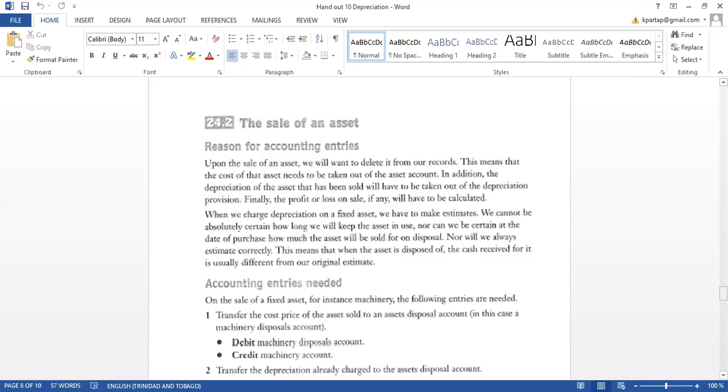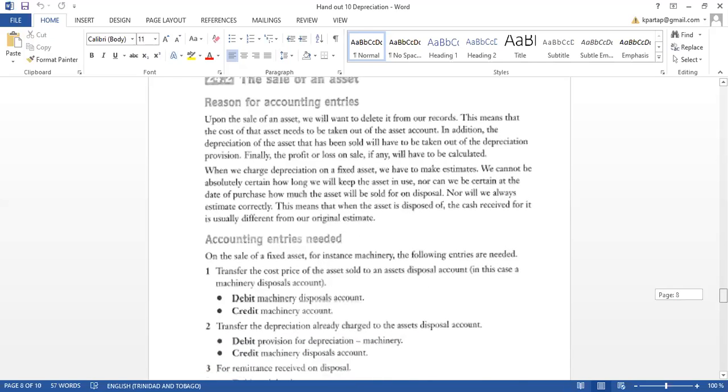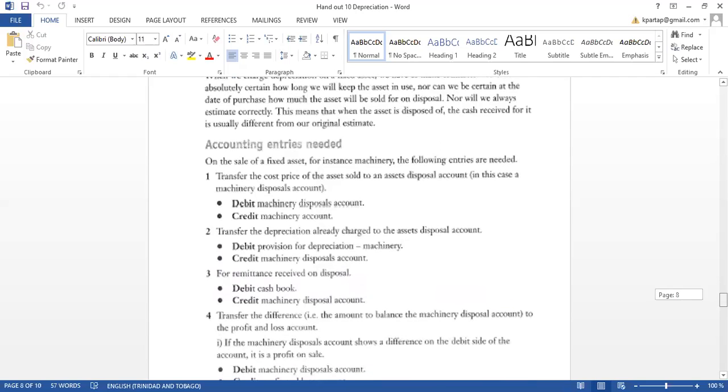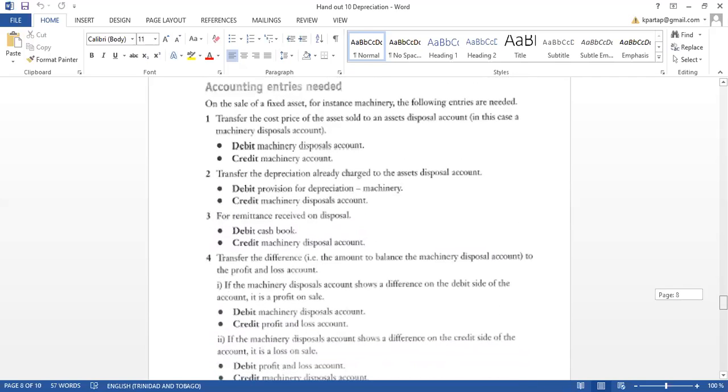So when we decide now we're going to sell off or dispose of an asset, we have to do certain accounting entries. For instance, on the sale of a fixed asset, the following entries are needed. We need to transfer the cost of the asset to an assets disposal account. So if we're going to sell a machine, we have to take it out of the machinery account.